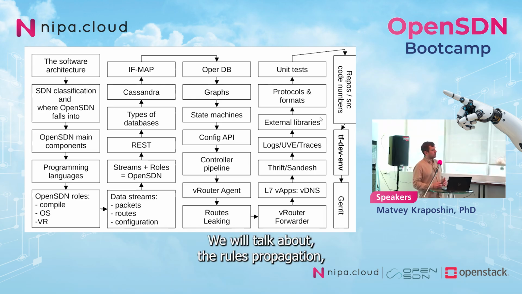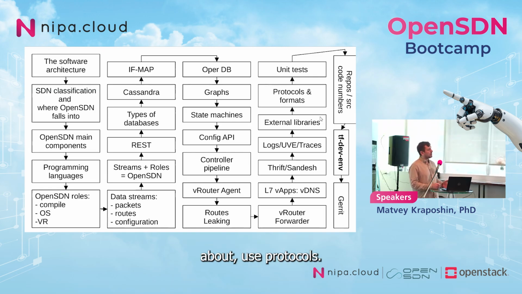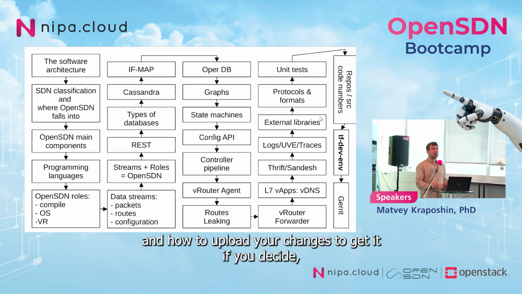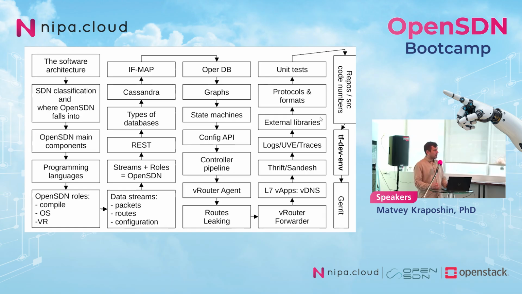We will talk about route propagation, about used protocols, and I will finalize the lecture with a small guide on how to download the developer environment and how to upload your changes to Gerrit if you decide, for example, to fix some bugs or to introduce some features into OpenSDN.